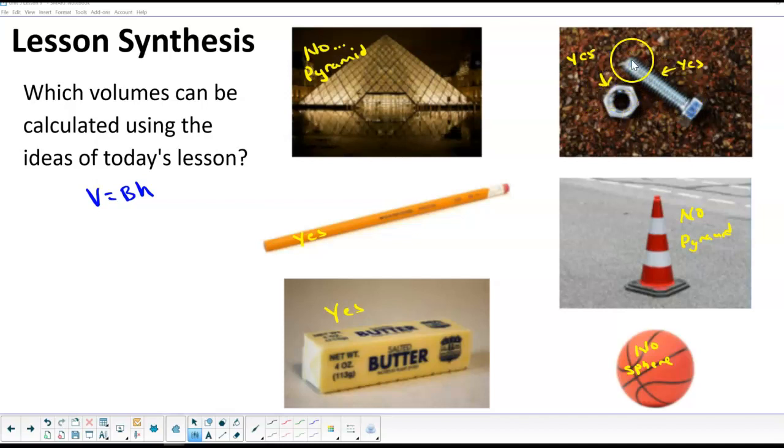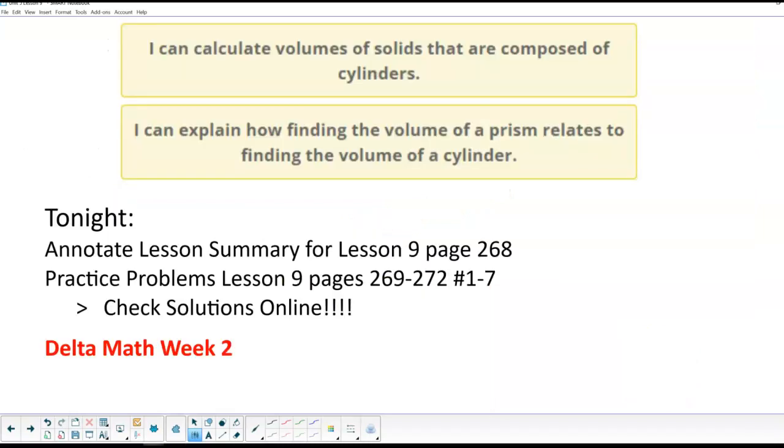You would have to do the cylinder part for the screw, the threaded part of the bolt, and then the hex portion would have to be found, but they're both prisms in a sense, so you could do that. Same with the pencil and the stick of butter, both prisms for the most part. The cone, no, that's a pyramid, and the ball is a sphere. We will, in upcoming lessons, learn the volumes of pyramids and spheres, so hold tight.